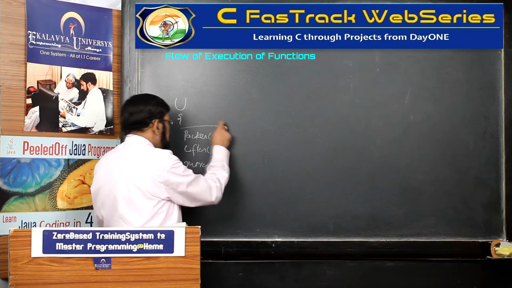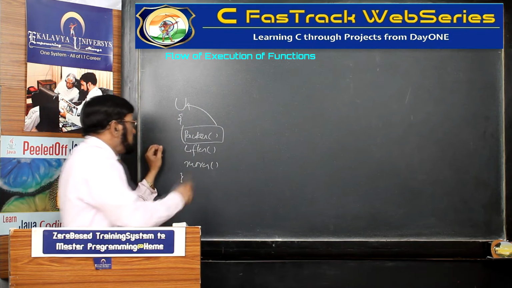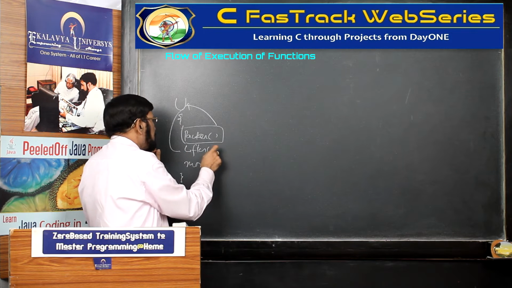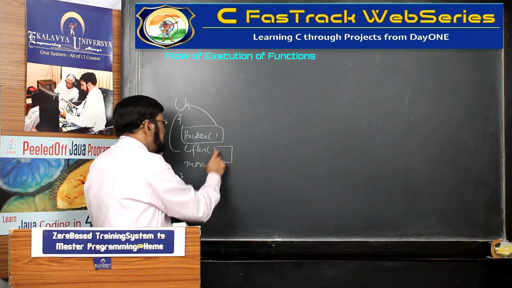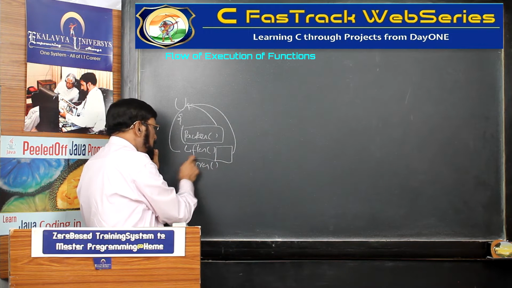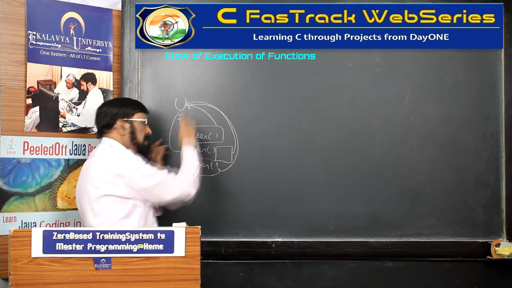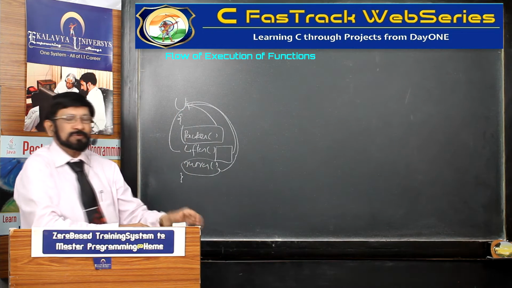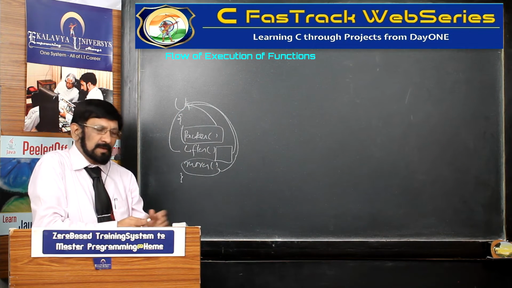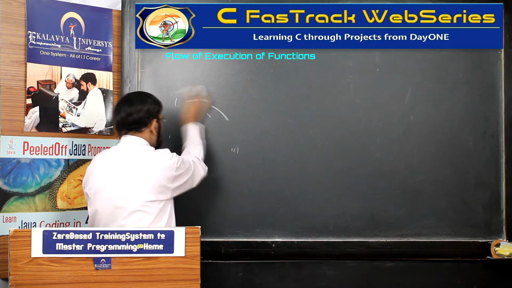The packer completes his job and reports to you. In turn, you call the lifter. Then the lifter completes his job and reports to you. Thereafter, the mover, the transporter, transports the things and reports to you. This is the process. So the same flow of execution is done in programming.